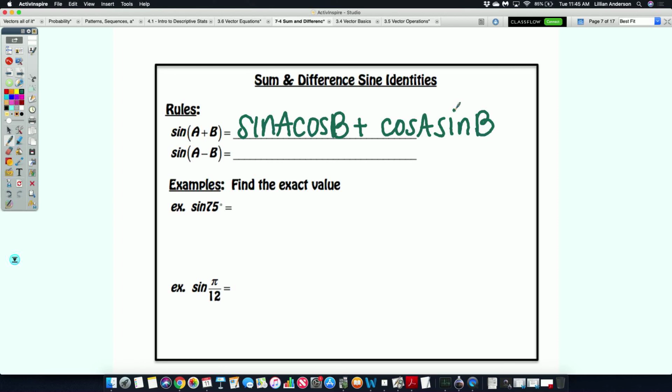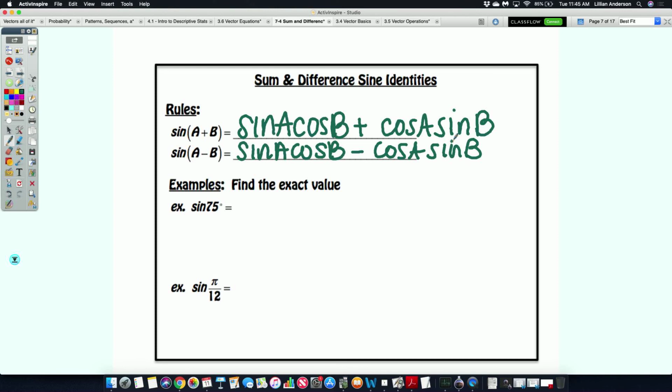If you're subtracting, sine of a minus b is a similar setup: sine a cosine b minus cosine a sine b. And from there, you use the identities to find the exact values.